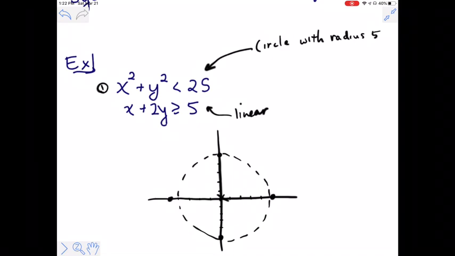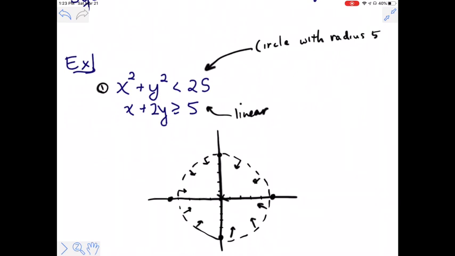If x and y are both 0 for that top inequality, then you get a statement that 0 is less than 25, which is true. It's a true statement. So the test point I chose is in the shaded area for that inequality. So that means I'm going to be shading inside the circle.